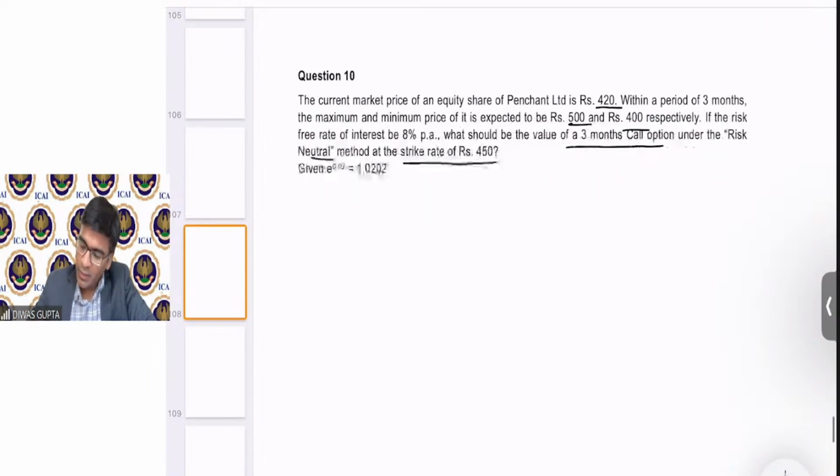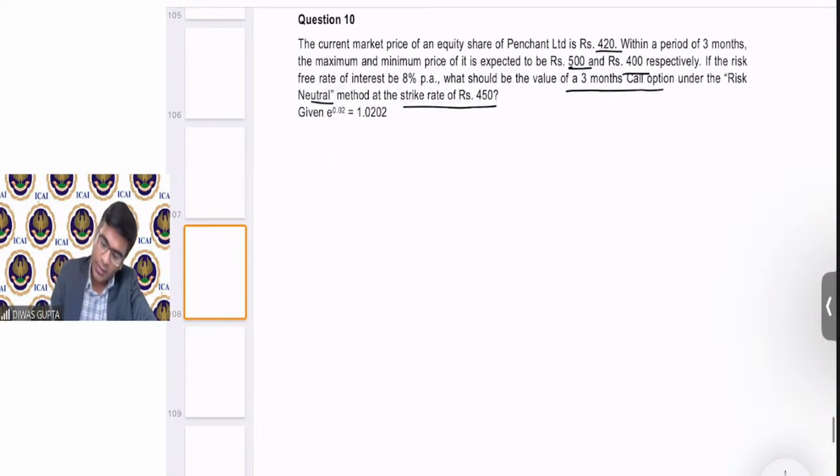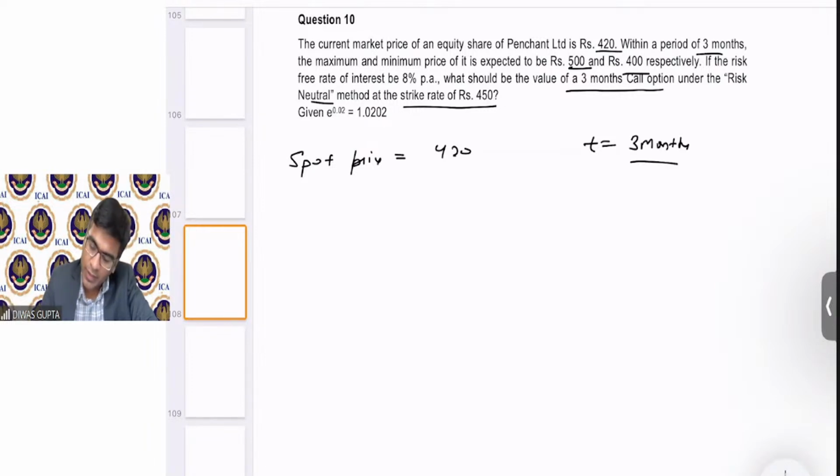Simple. They have actually given us the spot price, 420. Time is actually 3 months, within a period of 3 months, right, students?